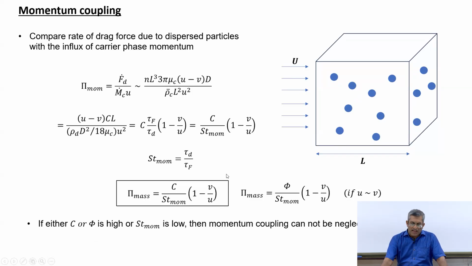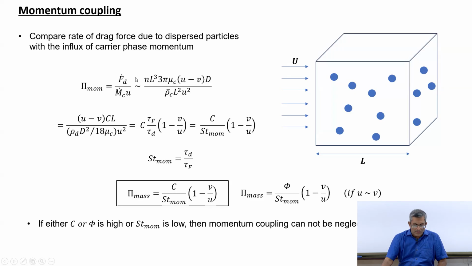We do a similar analysis. In this case, the momentum coupling parameter is basically the ratio of the total drag force on all particles to the incoming momentum of the carrier flow. Now, this can be expressed as the following.